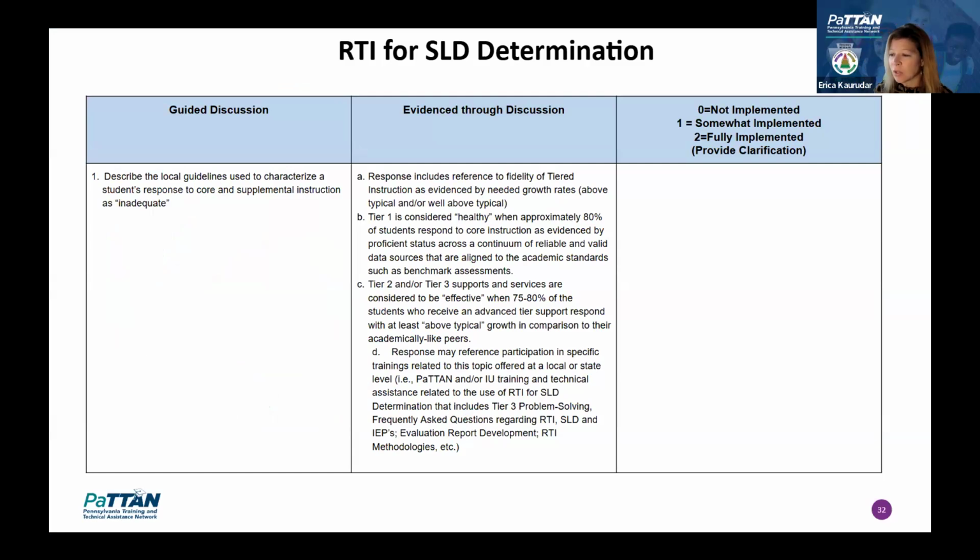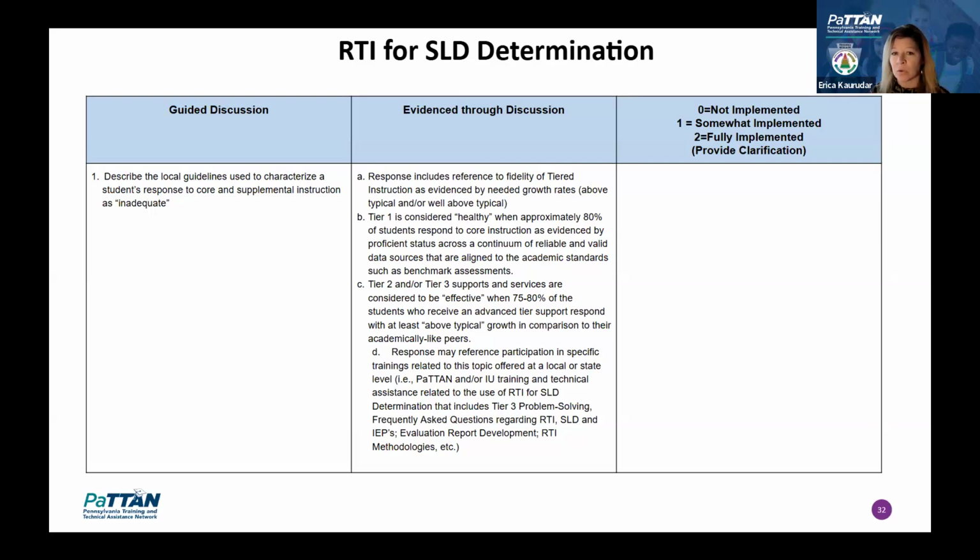We can consider looking at growth rates as a collective for Tier 1. Are most students displaying typical or above typical growth on those assessments administered to all? Are 80% or more of students in your LEA meeting benchmarks in literacy, math, written expression?